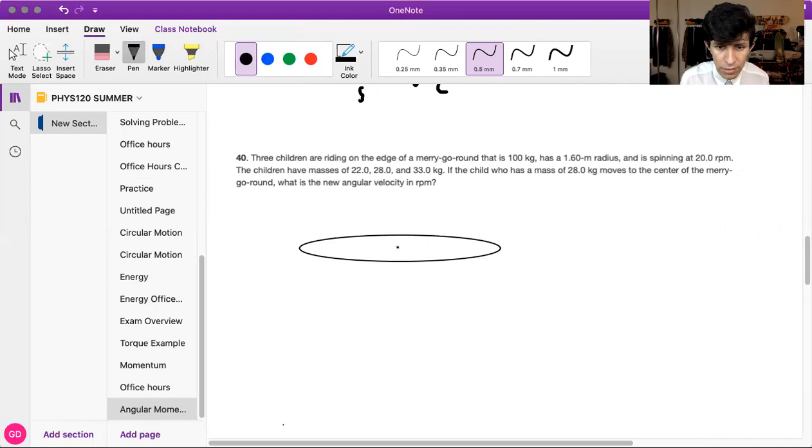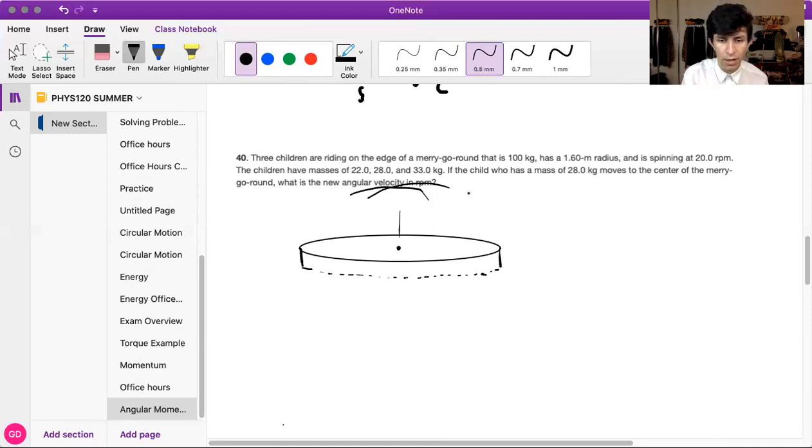So here's the center. We're looking at the side of the merry-go-round, and if we want to make it 3-dimensional, here's the pole and then all the other stuff that goes around it.